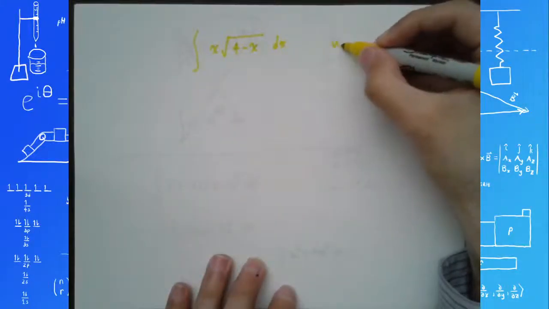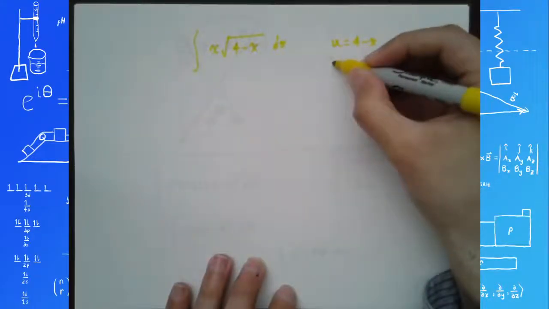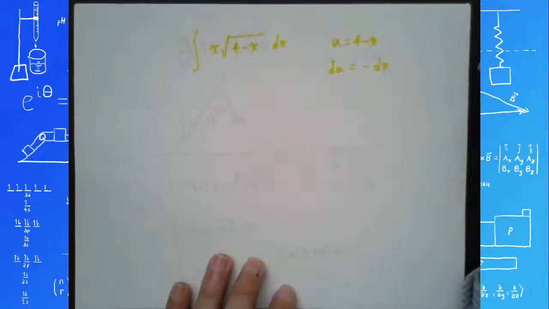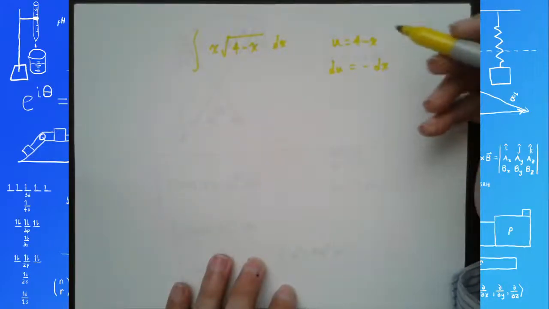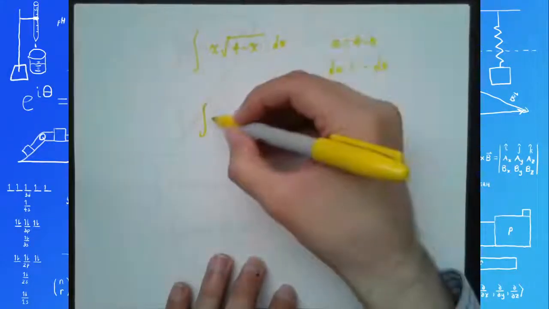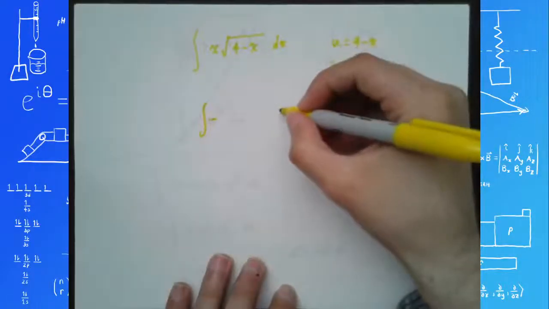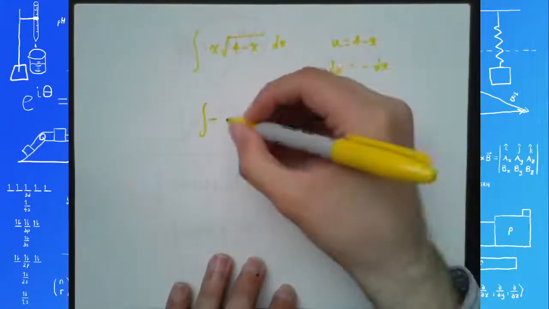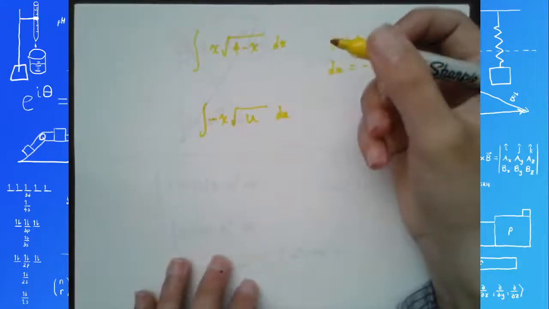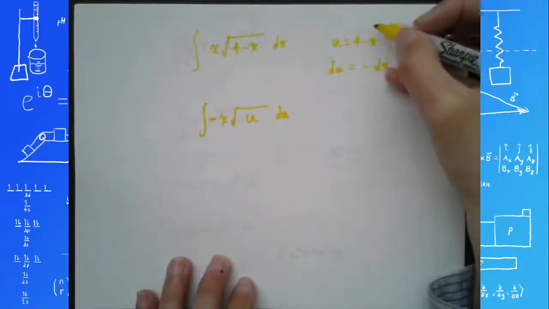Okay, here you would do u equals 4 minus x, du equals negative dx. So that just gives us the integral of, we'll have a negative sign. The dx would get replaced with a du, and you've got x and square root of u. We can rewrite x as, let's see.